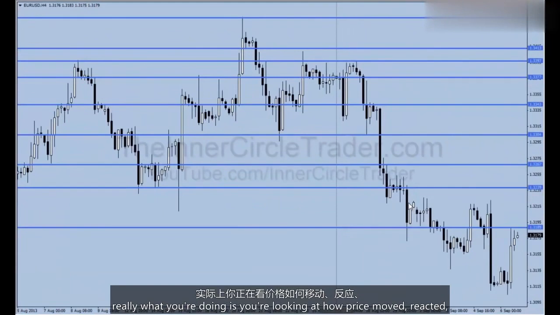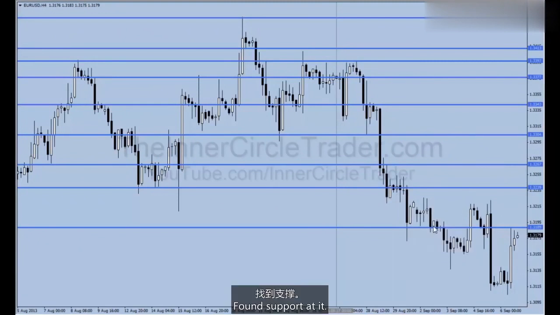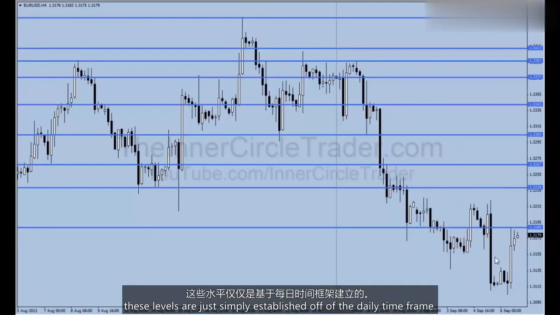And really what you're doing is you're looking at how price moved, reacted, traded down to and up to resistance and support, how price worked specific levels, broke down, found support at it, then broke lower and moved around and gyrated. Okay, now these levels are just simply established off of the daily time frame.